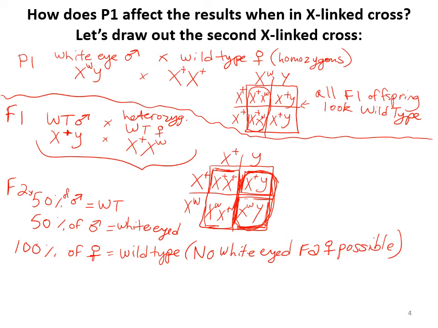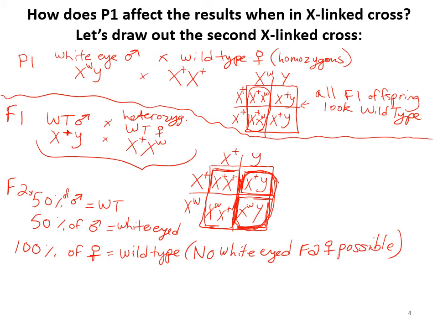Okay, so usually in class when we do that cross, if any students end up with a white-eyed female at the end, we realize that they had some cross-contamination somewhere along the way, or they miscalculated a gender when they were putting the flies into those tubes. Now again, I could ask the questions in different ways.